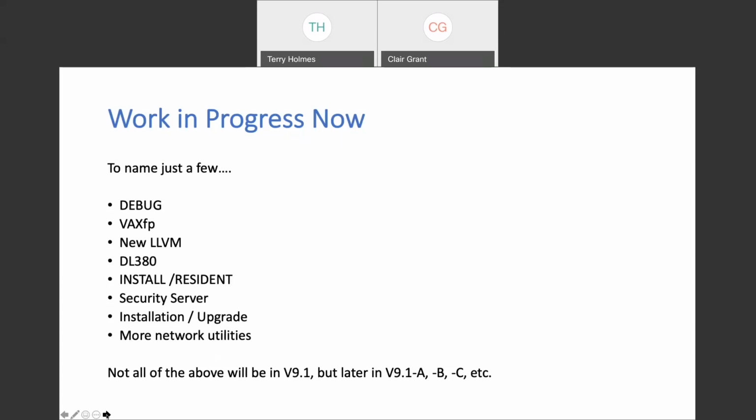Couple of other details here. Install/resident is not functional yet. It will be. The security server. This is one piece of our code that we are converting from Ada to C, and that's well on its way. For 9.0, there is no installation or upgrade procedure.